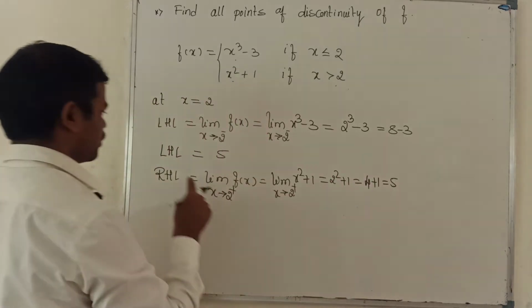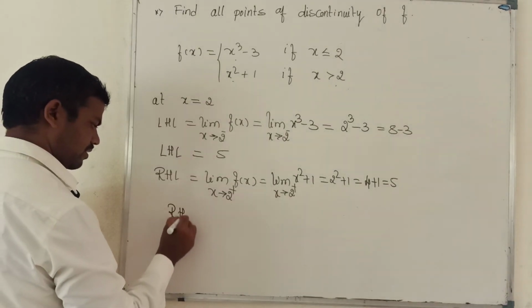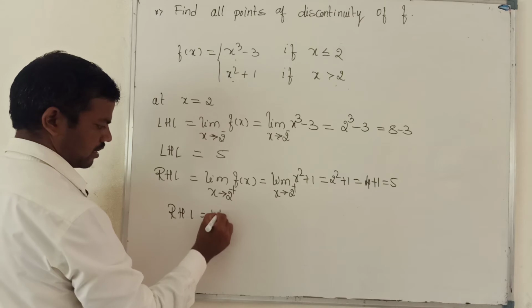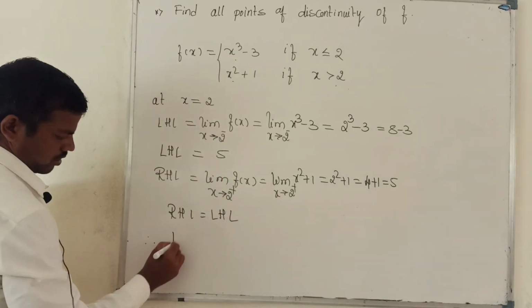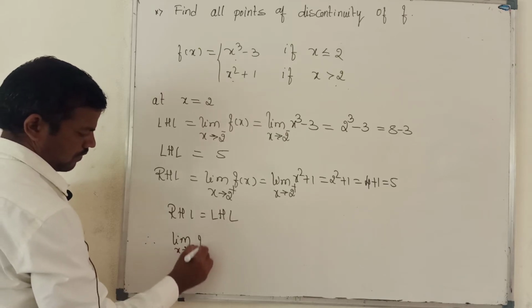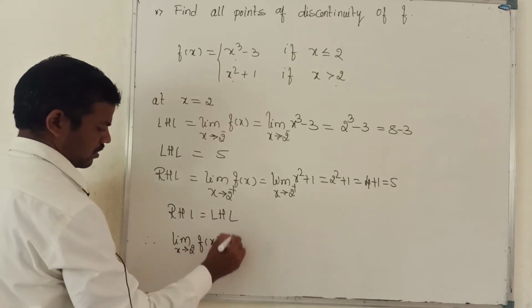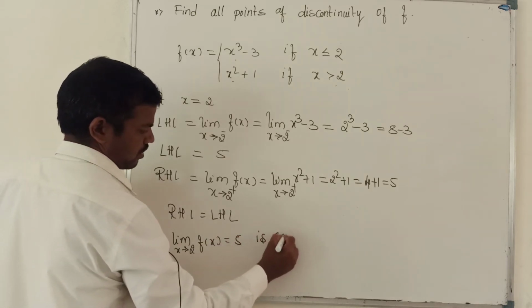So here we got that LHL and RHL are equal. Therefore, the limit as x tends to 2 of f of x is equal to 5, and it exists.